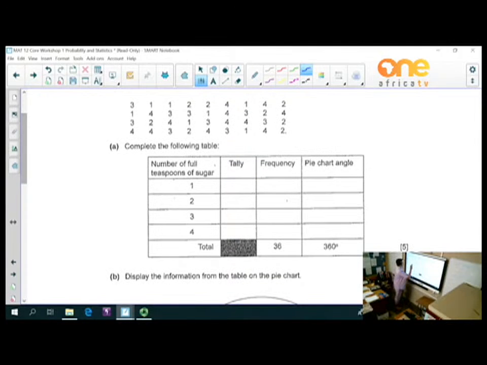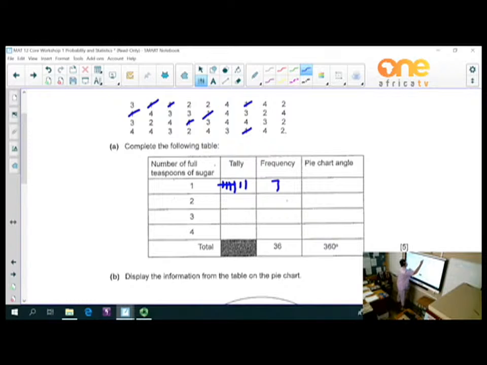So that means I have a 1, and another 1, and another 1, and another 1, 1, 2, 3, 4. If you take the 5th one, you do it like that. We call it the gate method. Then there's another 1, and another 1. So what is the total frequency here? 5 plus 2 is 7.